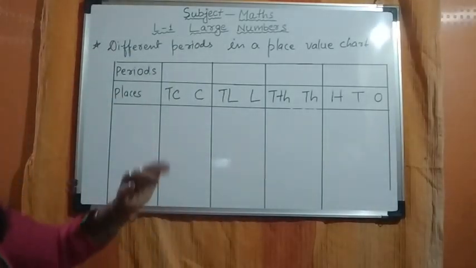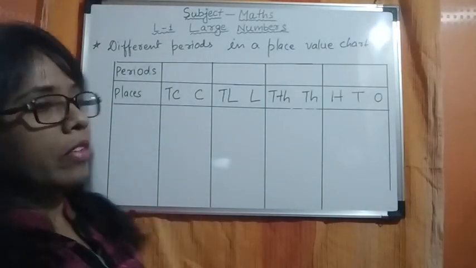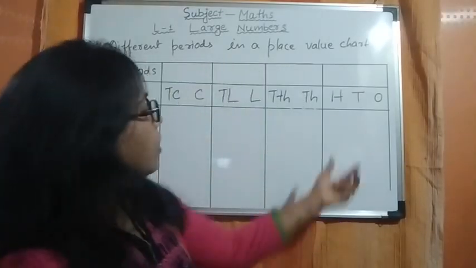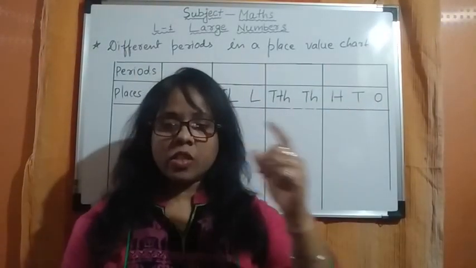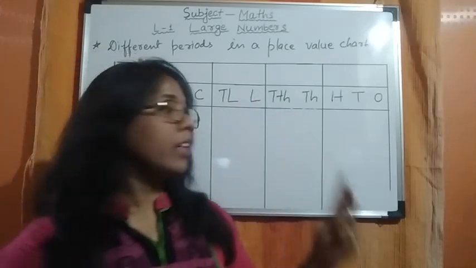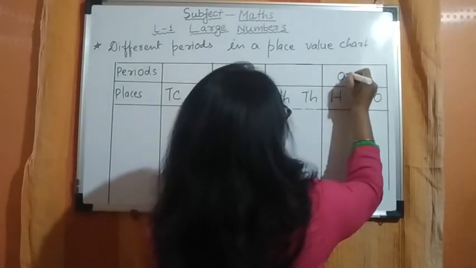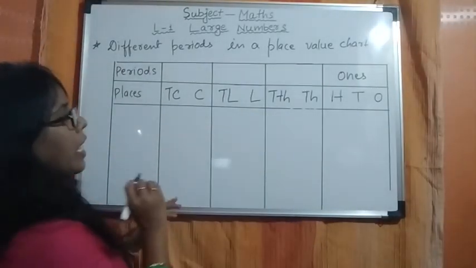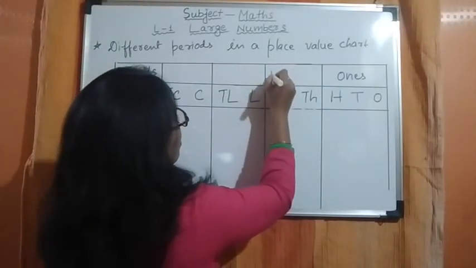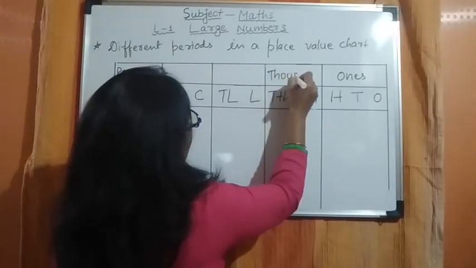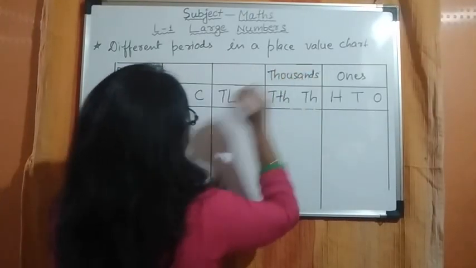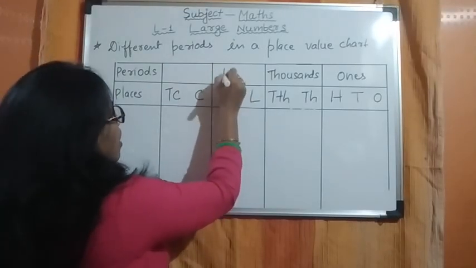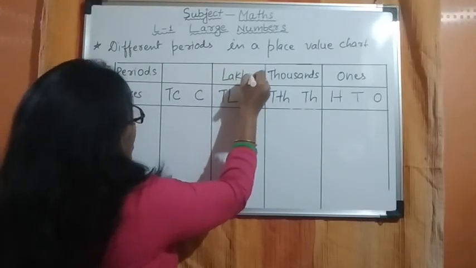Now here, how can we decide which one is coming in which period? See, the first three places, ones, tens and 100, come in ones period. Then 1000 and 10,000 come in thousands period. Then lakh and 10 lakh come in lakhs period.